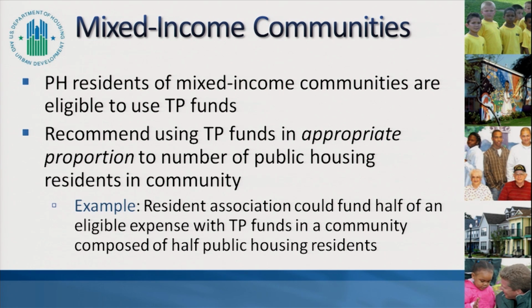So in that instance, 40% of the tenant participation funds that would be going, say, to a computer lab or to an after-school program can be used specifically for public housing residents, and the rest of those funds would have to come from some other entity, but tenant participation funds could not be used for that.